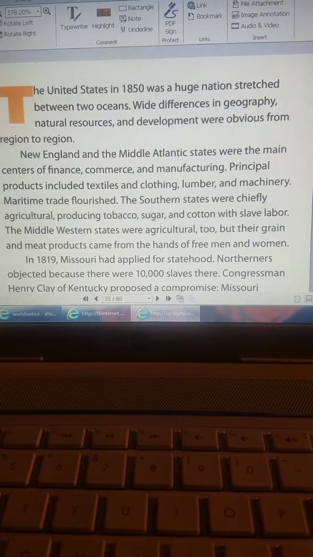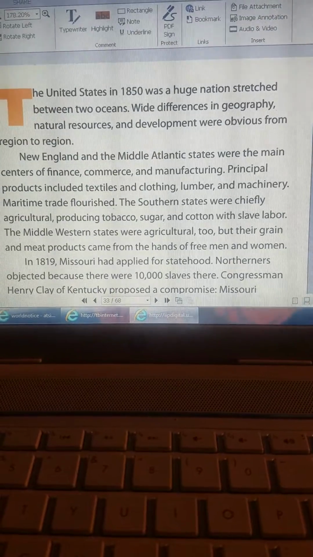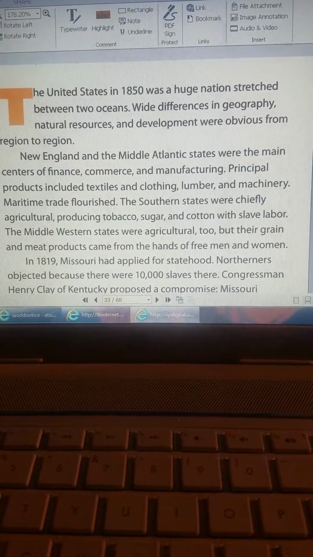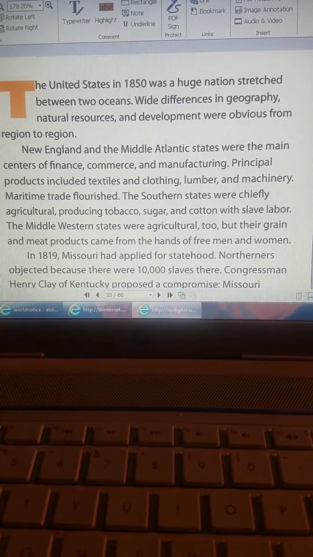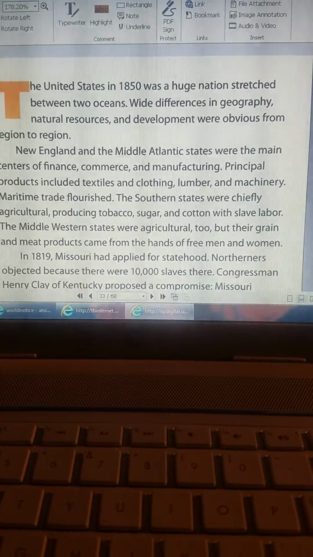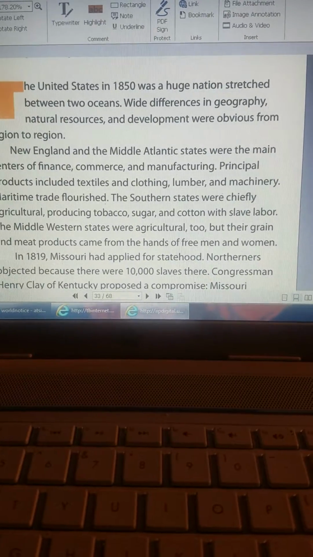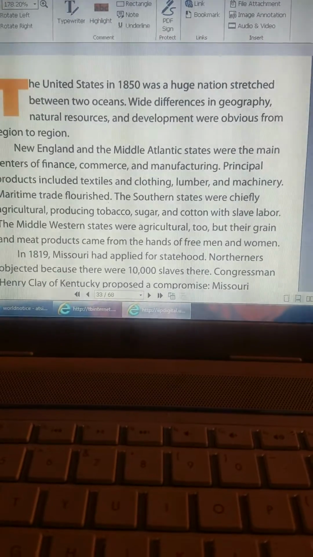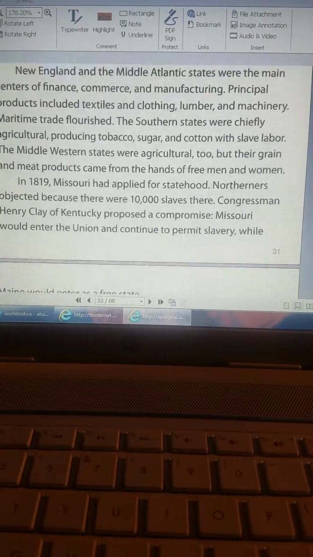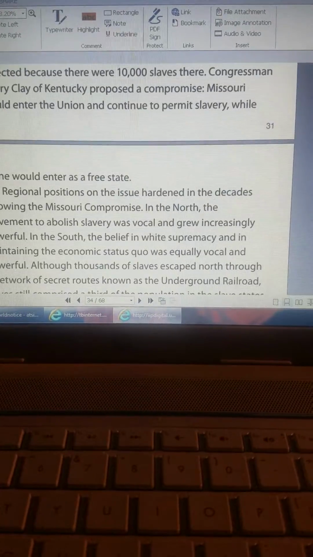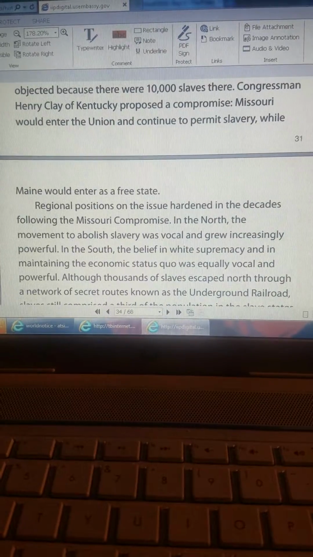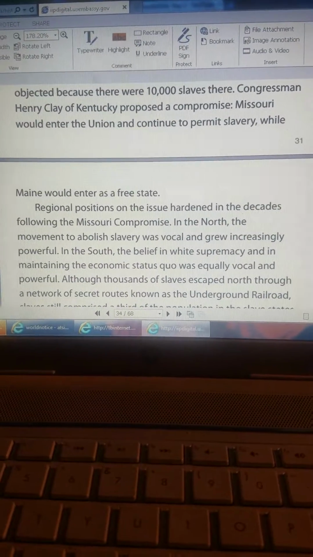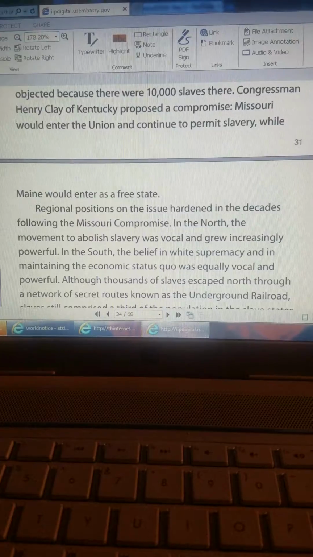In 1819, Missouri had applied for statehood. Northerners objected because there were 10,000 slaves there. Congressman Henry Clay of Kentucky proposed a compromise. Missouri would enter the Union and continue to permit slavery, while Maine would enter as a free state.